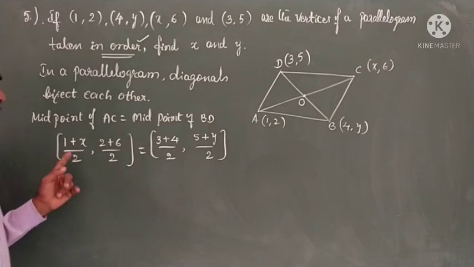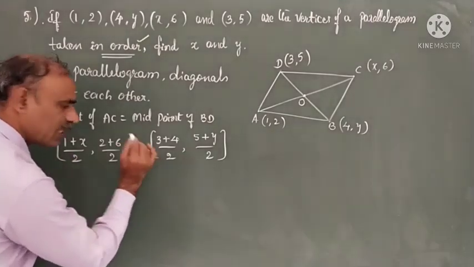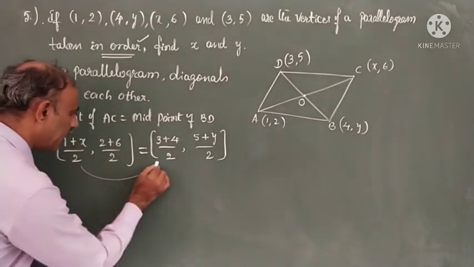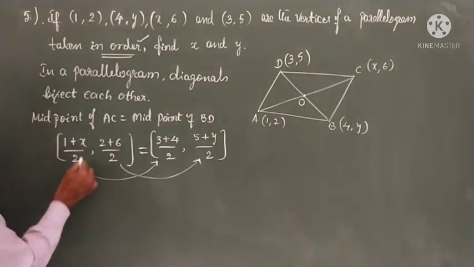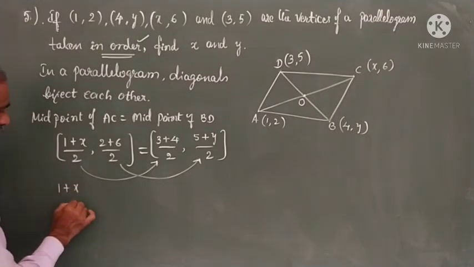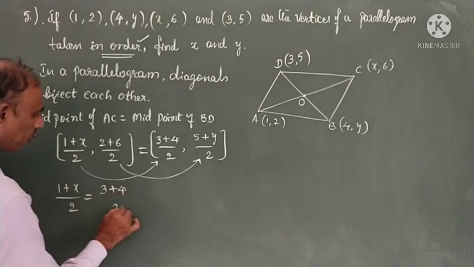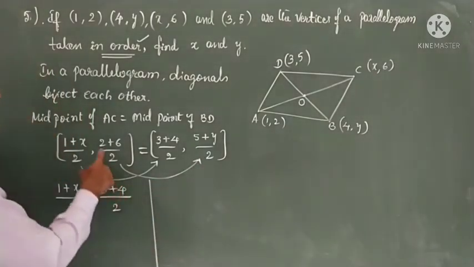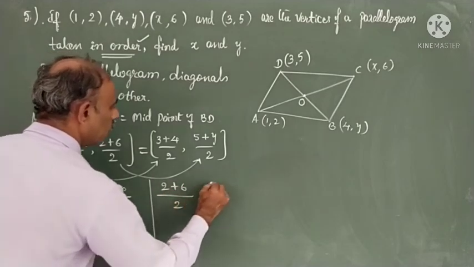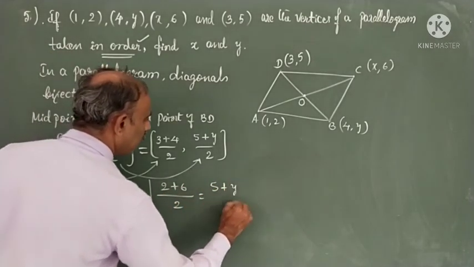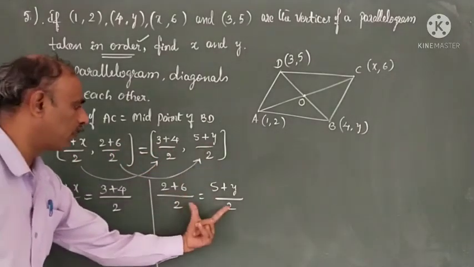So now x coordinate, y coordinate, x coordinate, y coordinate, with an equals in between. So now we equate the x coordinates and y coordinates. So then what you get: (1 plus x) by 2 is equal to (3 plus 4) by 2. On the other hand, (2 plus 6) by 2 is equal to (5 plus y) by 2. X coordinates you equate, y coordinates you equate.